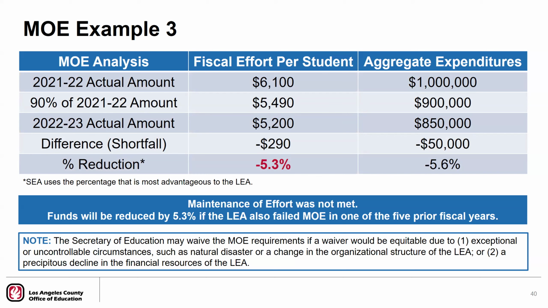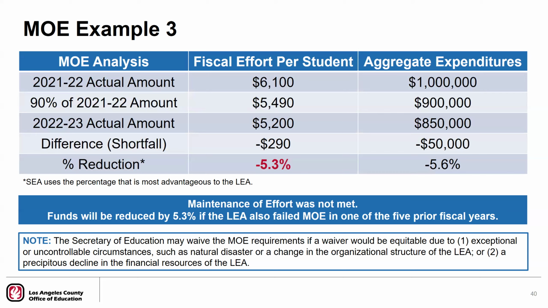At the aggregate level, the LEA needed to spend $900,000 during fiscal year 2022-23 to meet that 90% level, but only spent $850,000. As a result, the LEA failed to maintain effort by $50,000 or 5.6%.